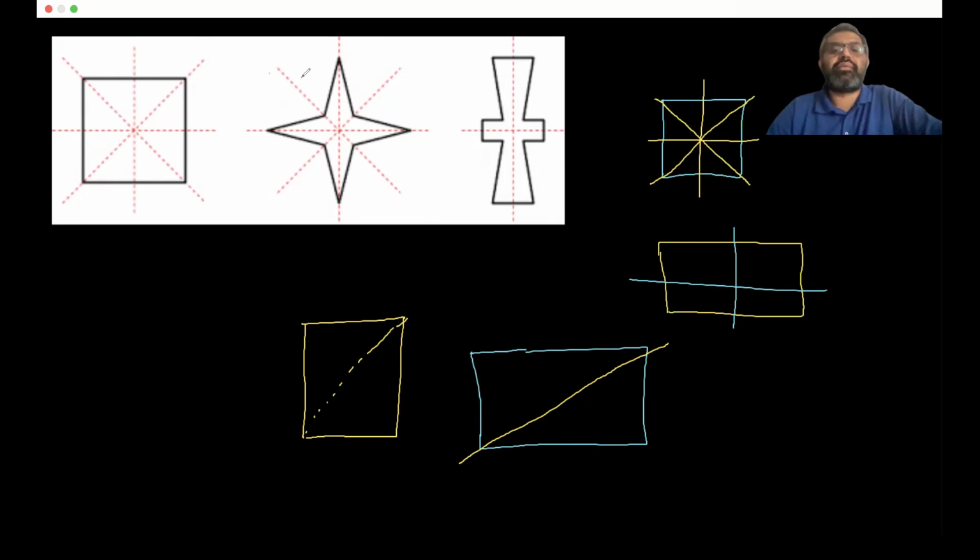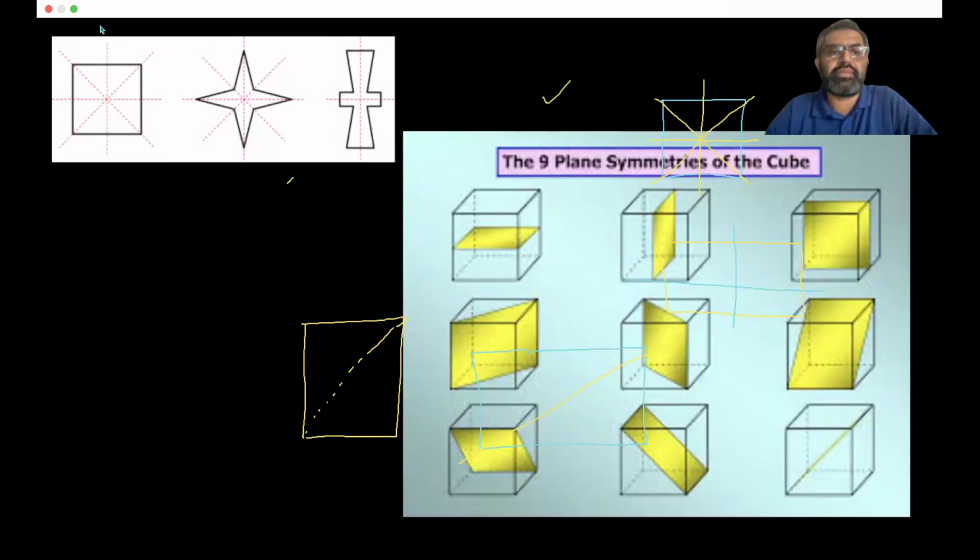Over here we have shown two more shapes, stars. We can have a vertical line of symmetry, a horizontal line of symmetry, and then these diagonal lines of symmetry. This other shape has two lines of symmetry, vertical and horizontal. When we have 3D shapes, for example a cube, then we have planes of symmetry.